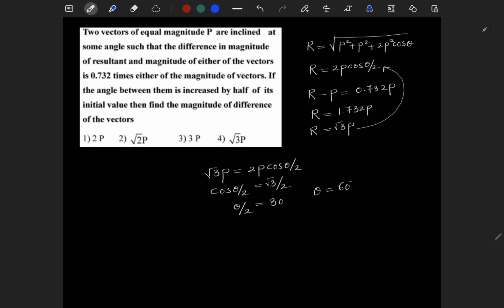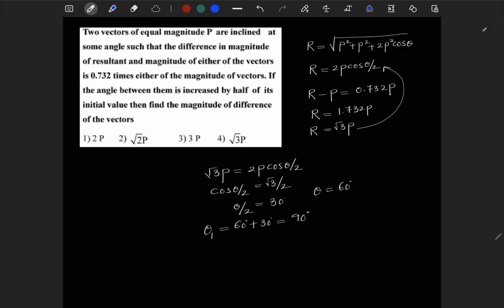That's the angle between two vectors, but that's not the question. If the angle between them is increased by half of its initial value, so initial value is 60, the new angle, let's say theta 1, is 60 degrees plus half of 60 degrees, which is 30 degrees, then that will give you 90 degrees. So the new angle is 90 degrees.